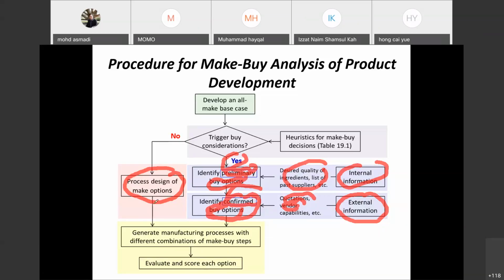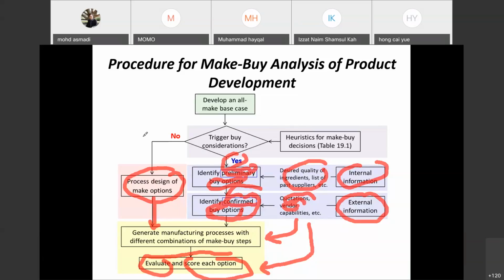And then from this step we combine the buy option as well as the make option, to generate manufacturing processes with different combinations of make-buy steps, and then you can submit the proposals to the top management to make a final decision. So the top management will evaluate and give a score on which one is more attractive, whether the buy option or the make option. So these are the steps.